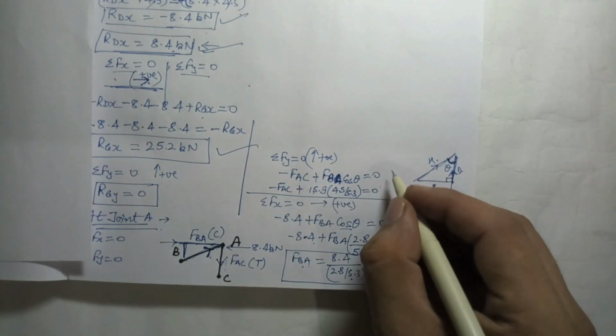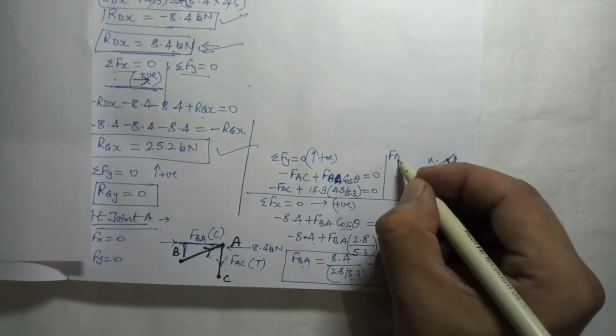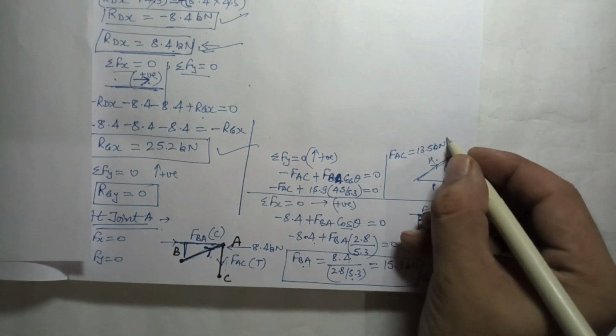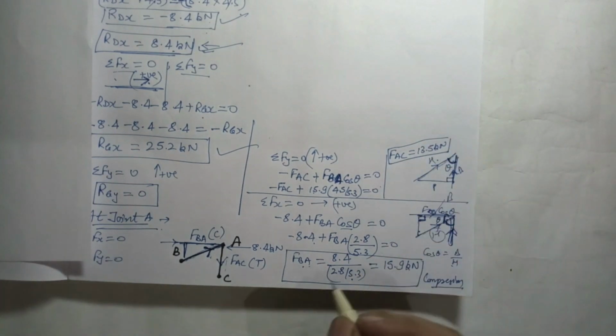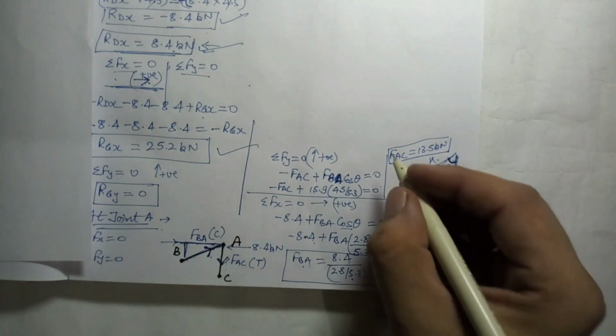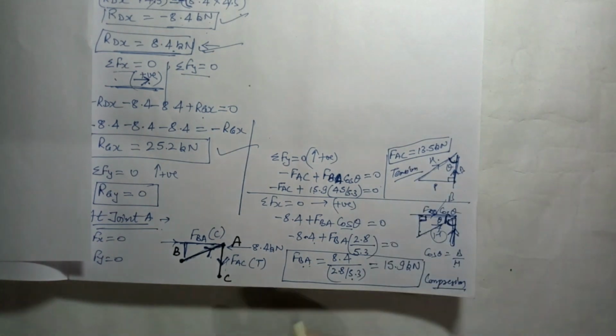So this is 0, and from here you can calculate. I'm getting the value of FAC equal to 13.5 kilonewton, and it is coming positive. Positive means whatever the assumed direction is for FAC, that is tension. So we are getting the value of this as tension. Clear with this? First joint we got the values.